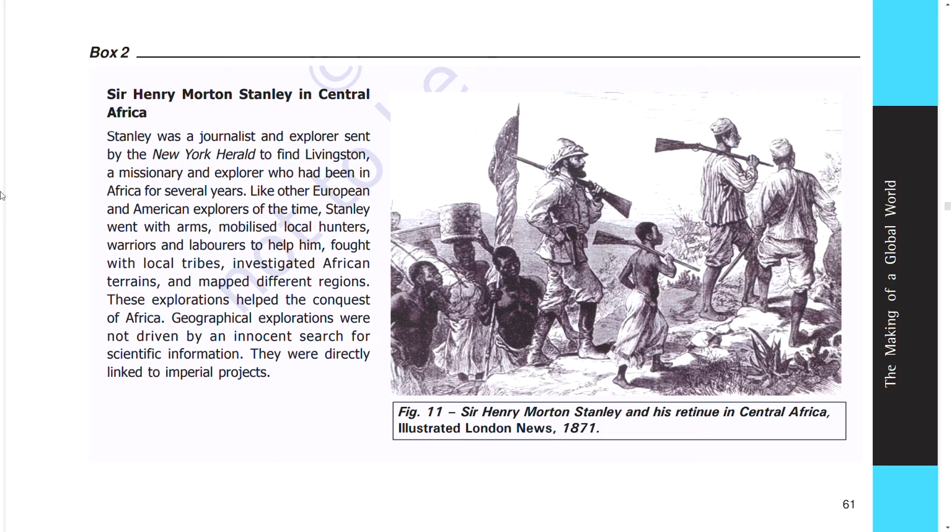This exploration helped the conquest of Africa. Geographical explorations were not driven by an innocent search for scientific information. They were directly linked to imperial projects. Figure: Sir Henry Morton Stanley and his retinue in Central Africa. Illustrated London News 1871.